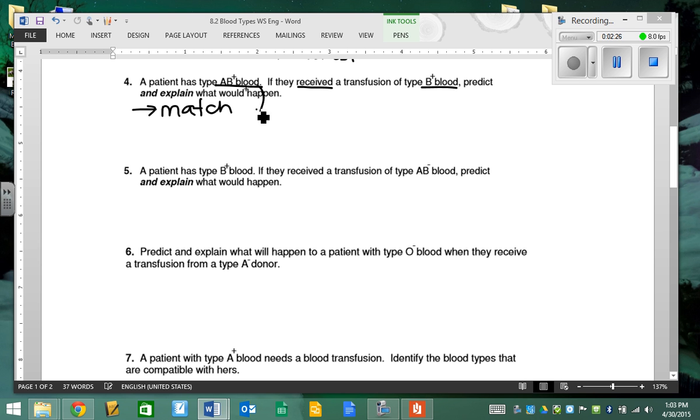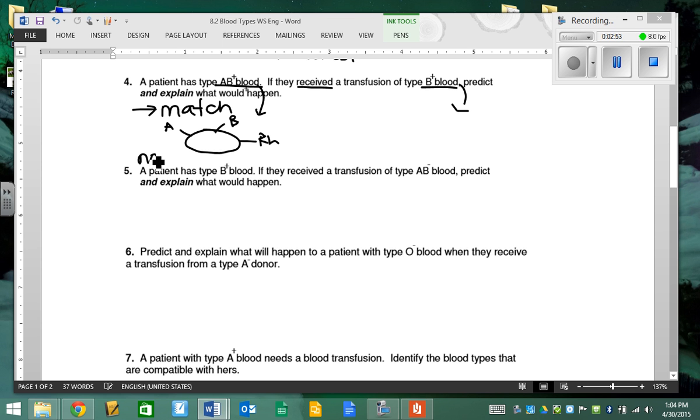Well, I'm just going to illustrate what both people have. The patient with AB positive blood has on their red blood cells A antigens, B antigens, and the rhesus factor, so the Rh antigens. That's what the positive stands for. That means that in their plasma, they don't have any of those antibodies. If they did, they would be attacking their own blood.